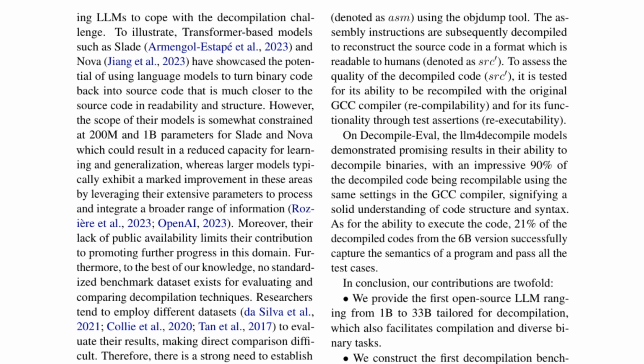However, the scope of their models is somewhat constrained, at 200M and 1B parameters for Slade and Nova, which could result in a reduced capacity for learning and generalization, whereas larger models typically exhibit a marked improvement in these areas by leveraging their extensive parameters to process and integrate a broader range of information. Moreover, their lack of public availability limits their contribution to promoting further progress in this domain.